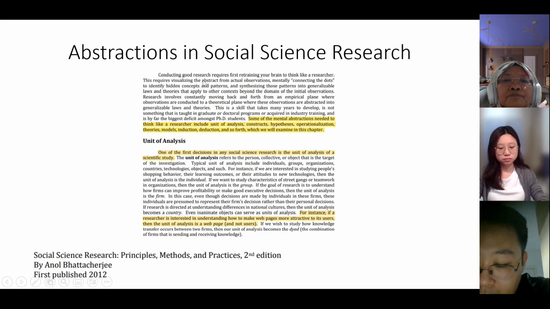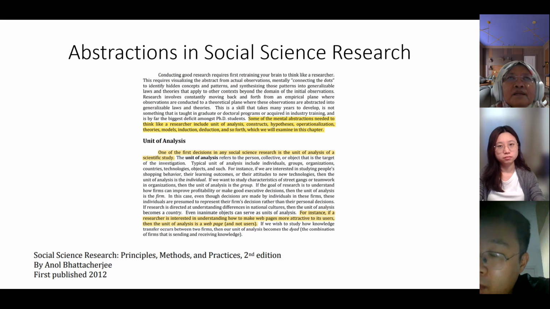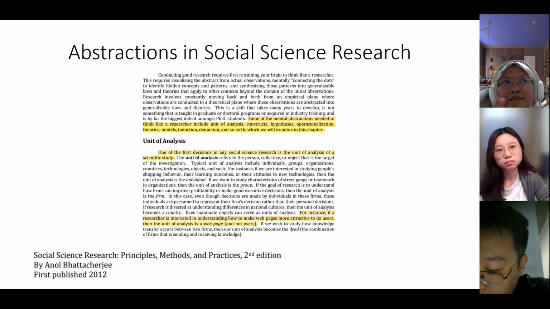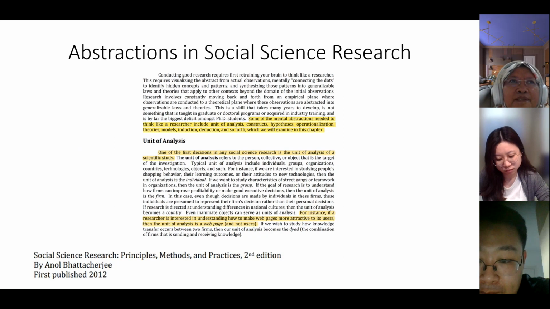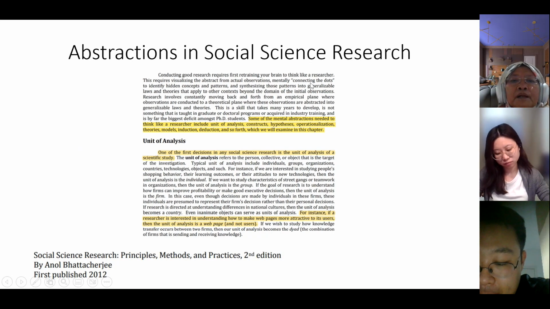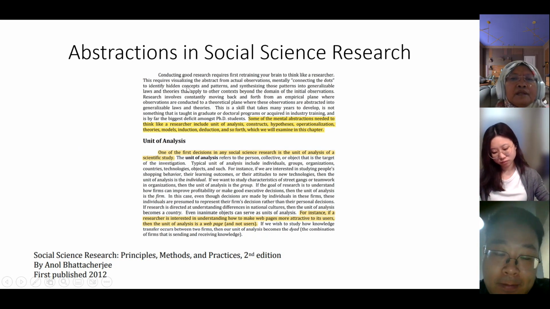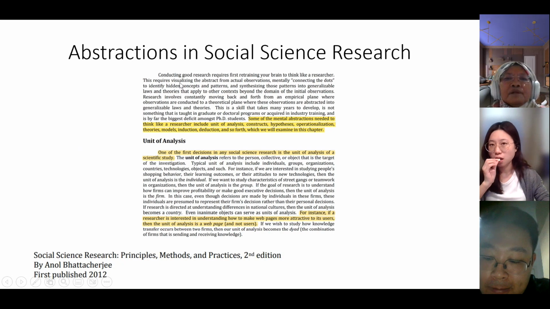But you need to step away from the data and try to think about what's the underlying theory, what's happening underlyingly, you know. So you have to visualize the abstract from the actual observation. Mentally connecting the dots means what is the relationship? How does it work? Yeah.